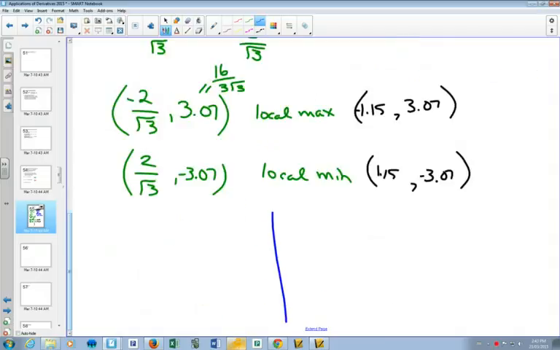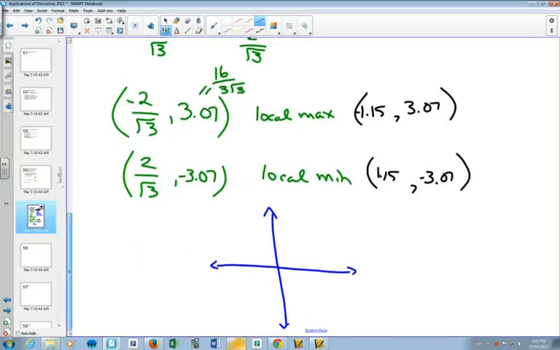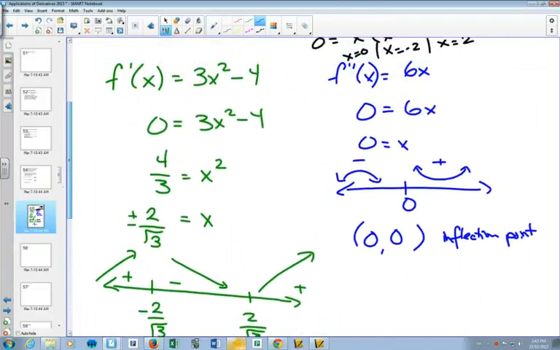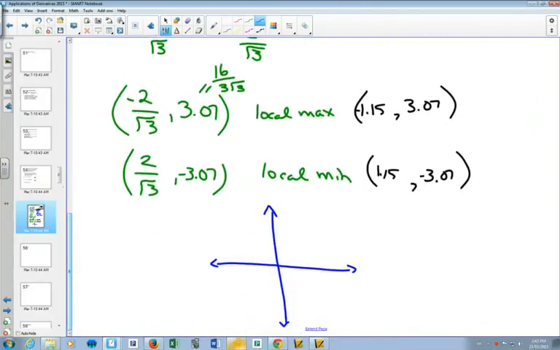So now when we go to our graph, we've got our local min and our local max, just sort of going to get a sense of all of our points. They're all really close. So I'm going to set up a scale this way.